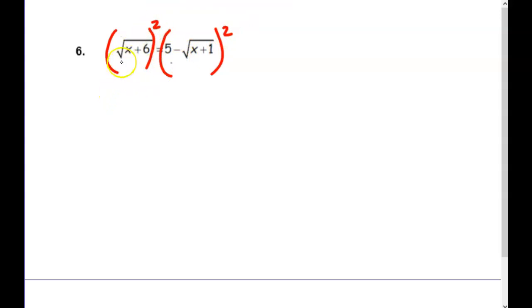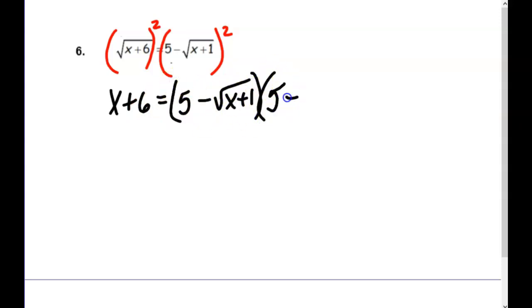But this left side, when we square it, would just become x plus 6. But the right one, I have 5 minus the square root of x plus 1 times 5 minus the square root of x plus 1.